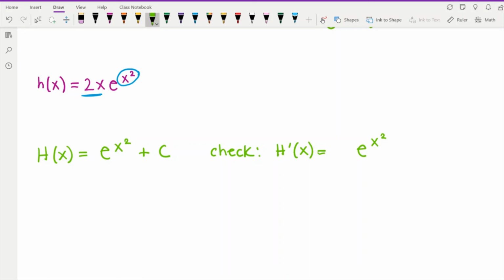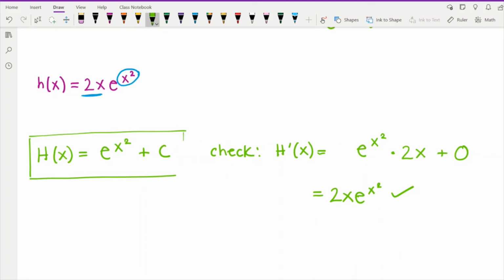So that would be the derivative of x squared. And so what's the derivative of x squared? It's 2x. And then we have plus c, the derivative of which is 0. And so altogether, we end up with 2x times e to the x squared, and that's exactly what we started with. And so that is our antiderivative.